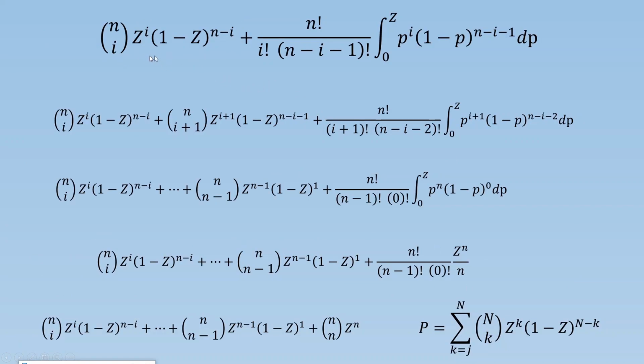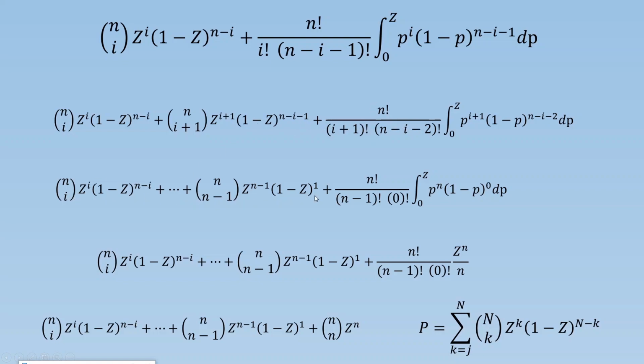So after simplification, you notice that after one round of integration by parts, we get I from n, z to the power I, (1 minus z) to the power n minus I, plus this whole term. We can do the same procedure again, integration by parts. In this case, this term will come out: I plus 1 from n items times z to the power I plus 1 times (1 minus z) to the power n minus I minus 1.